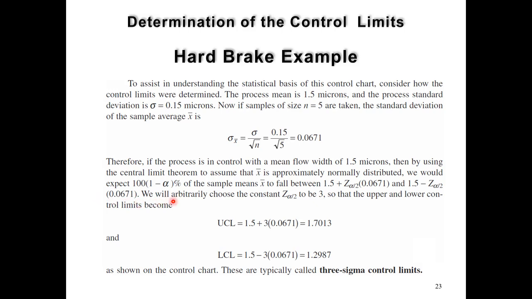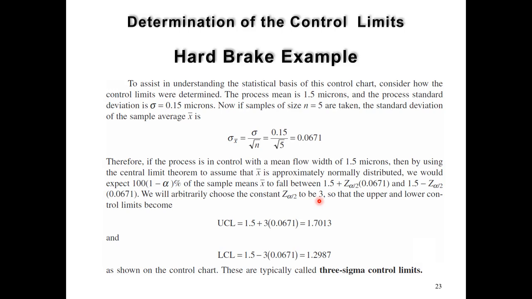So we can arbitrarily choose a constant for z which is equal to 3. This is a normal practice, rather than using the exact value of z based on probability alpha divided by 2. We're going to take this constant z score to be equal to 3.